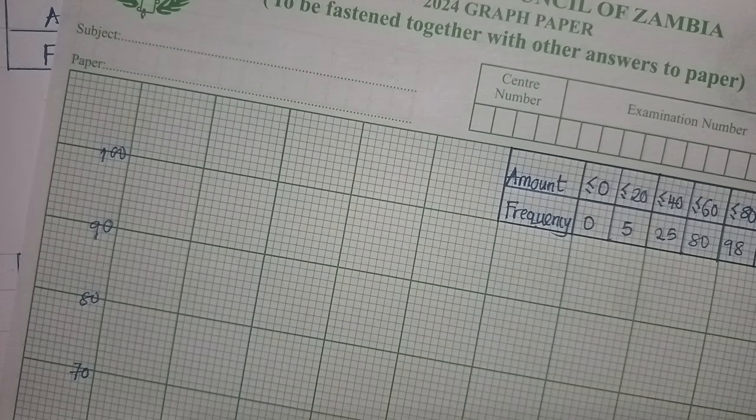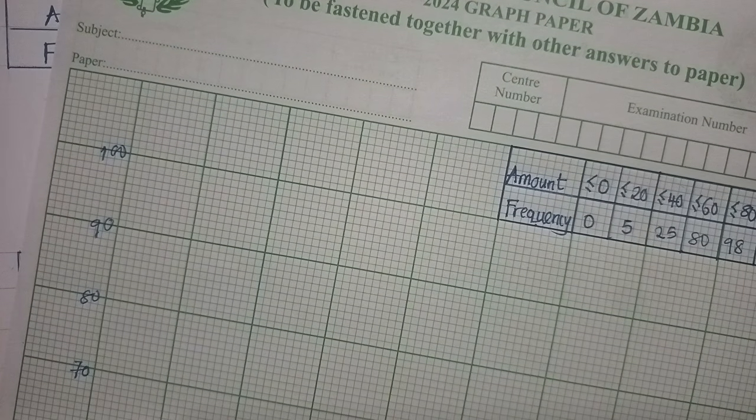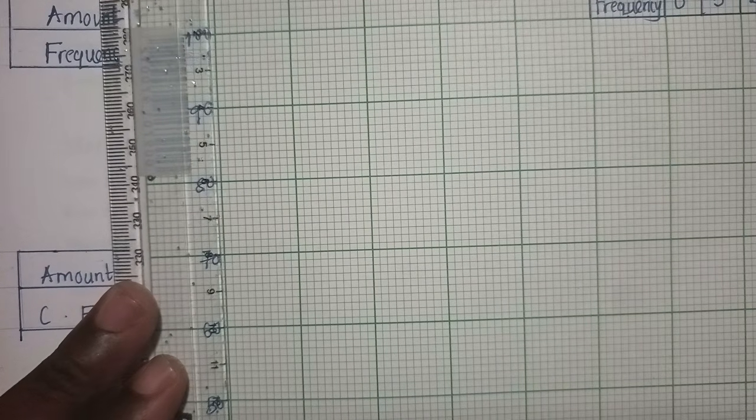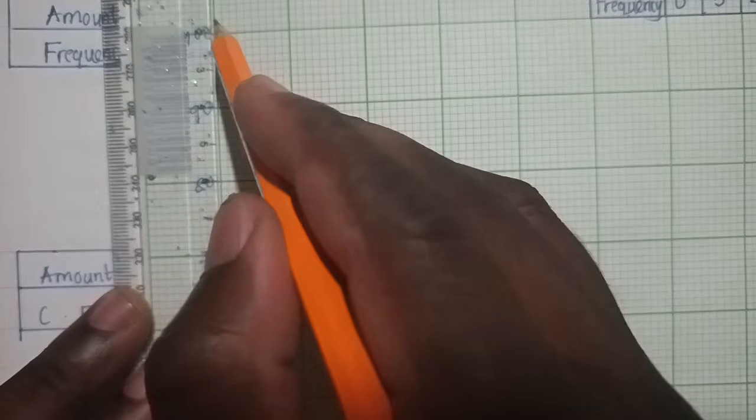So of course, as usual, you must get your pencil and then do the y-axis. So this is my y-axis right here. I hope somebody's following right out there.